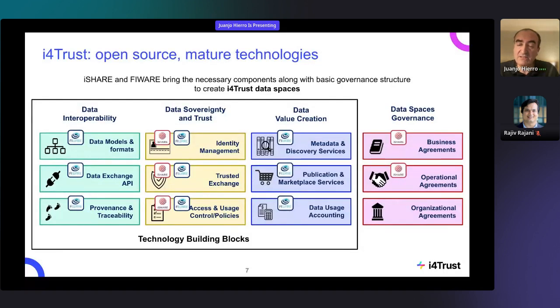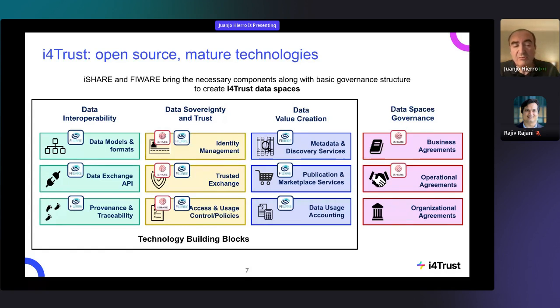FIWARE is providing, in the first place, open source implementation of components that participants in a data space may need to deploy in order to participate in the data spaces they create. And iSHARE is providing specifications, as well as some services, that need to be followed and used by the participants in order to support concretely a trusted exchange of data.